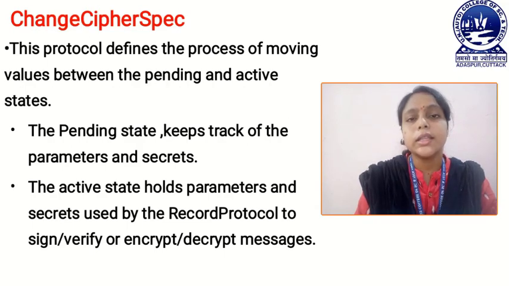That means in this protocol there are two states. One is the pending state, another one is the active state. Those parameters and secrets are used for signing, verifying, encrypting and decrypting the message used by the record protocol. This is the function of the change cipher spec protocol.